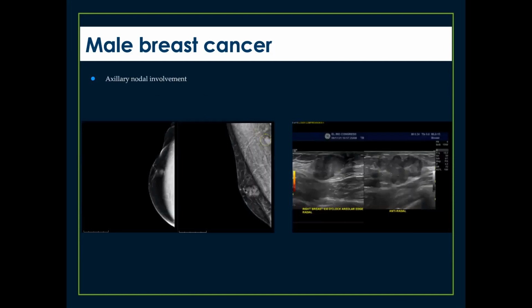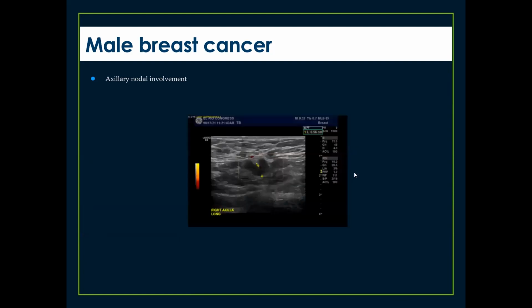So here's an example of a patient who has a suspicious mass in the right breast, as well as a suspicious appearing lymph node in the right axilla. This is the mass in the breast as seen on ultrasound. And images of the right axilla demonstrate an irregular lymph node with a thickened cortex.